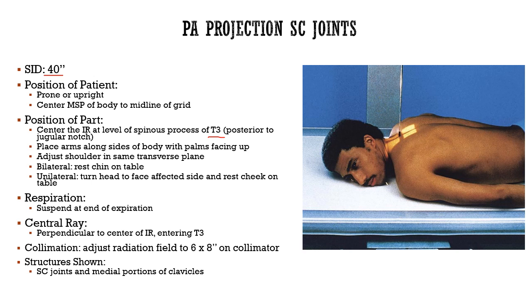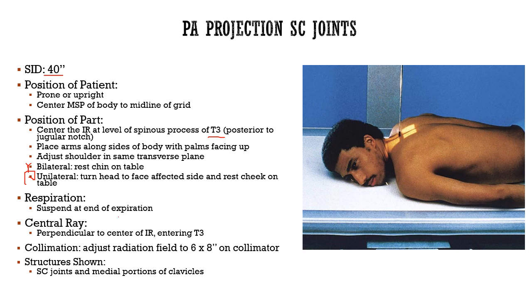We want to place the arms alongside of the body with the palms facing up and adjust the shoulders in the same transverse plane. If we're performing bilateral SC joints, you'd want to rest the chin on the image receptor. If we're performing them unilateral, which would be like a right SC joint or left SC joint, turn the head to face the affected side and rest the cheek on the table.